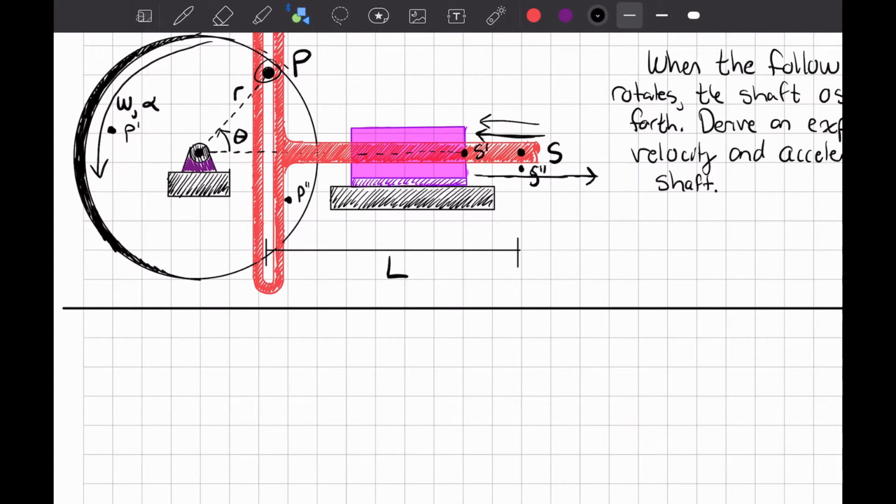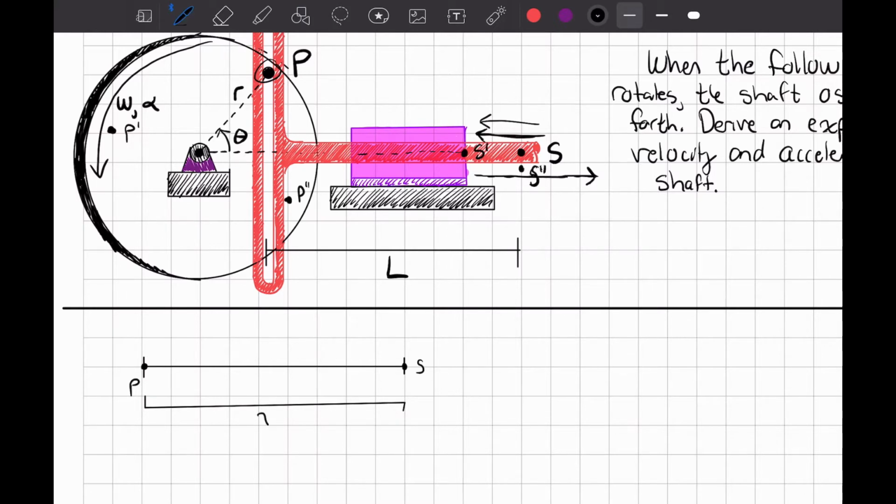And so what we can do is write a simple distance relation where this point can represent S, and this point represents P, and then we have the actual distance between the two said points.